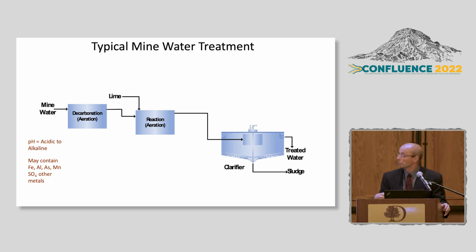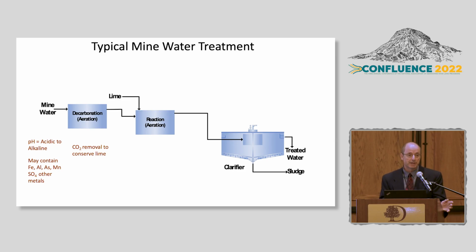And so the treatment in simple terms is we're going to raise the pH, precipitate out these dissolved metals, turn them into suspended solids, and then remove them with our clarifier. So the first step often in this is the CO2 removal. So that's the first step in raising the pH.